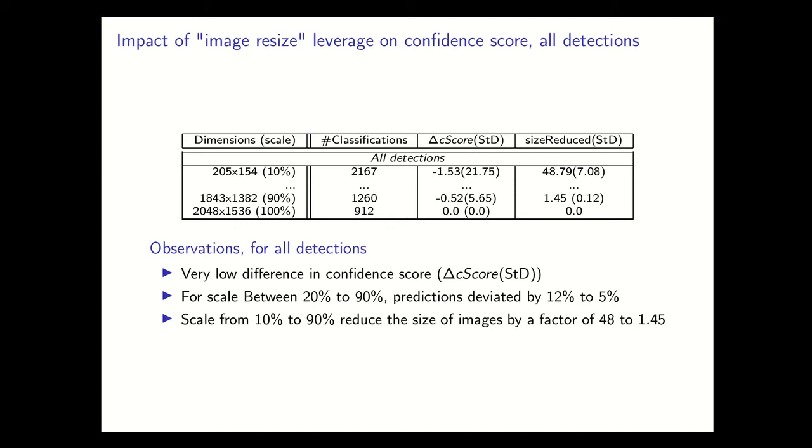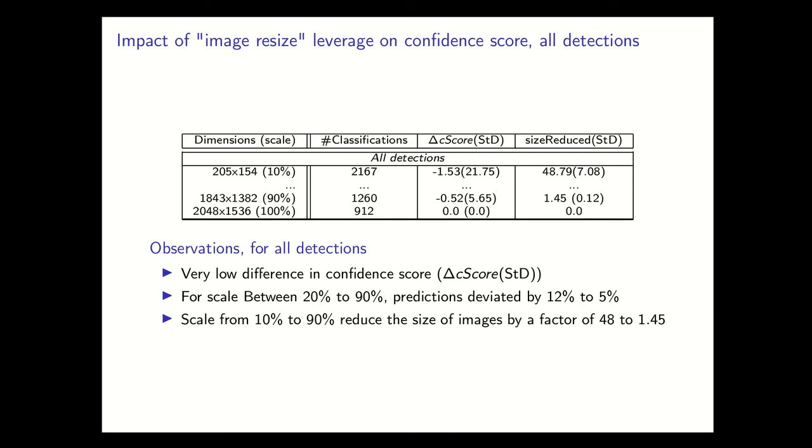So notice that we have a very low difference in terms of confidence score. And for a scale between 20% to 90%, the predictions are derived by 12% to 5% respectively. So the smaller the resizing of the image, the worse it gets in terms of animal detection.